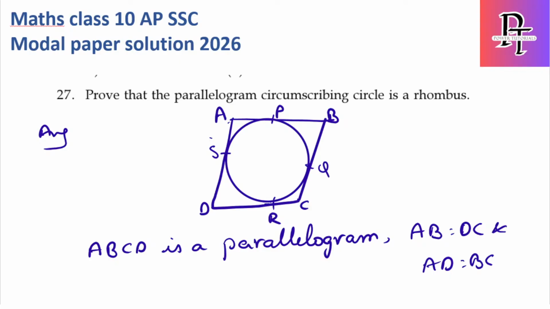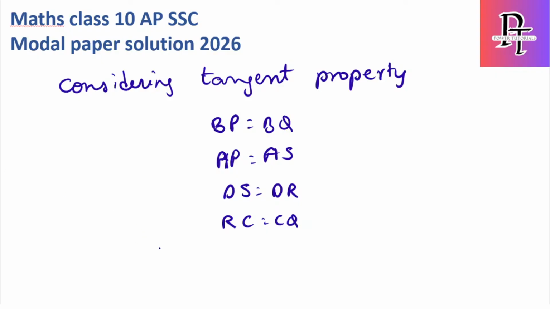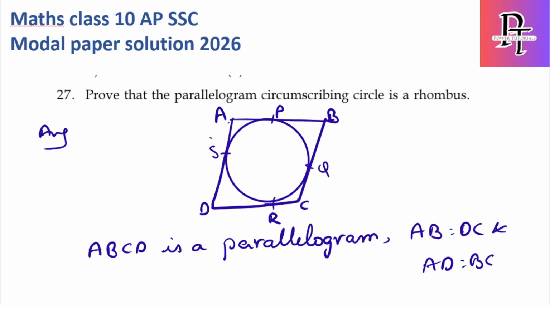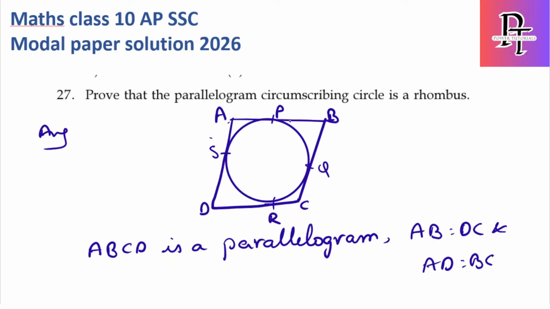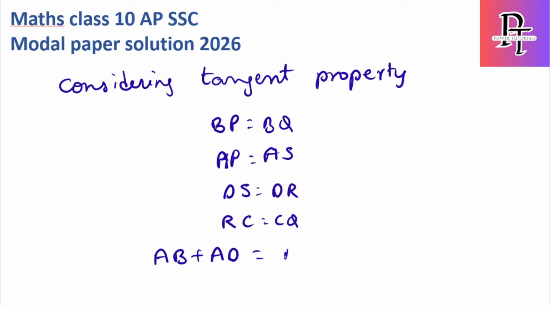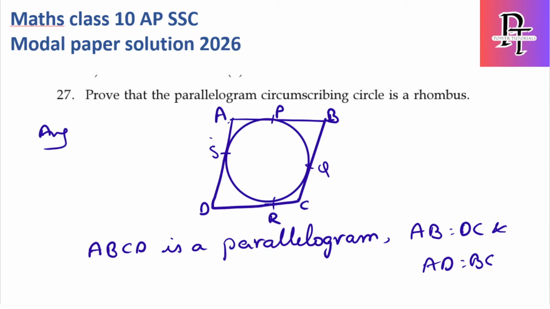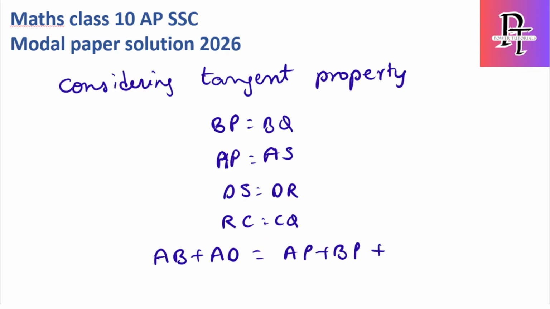Now I will add AB plus AD. Let's see what I am getting. AB is nothing but AP plus BP, and AD is nothing but AS plus DS.